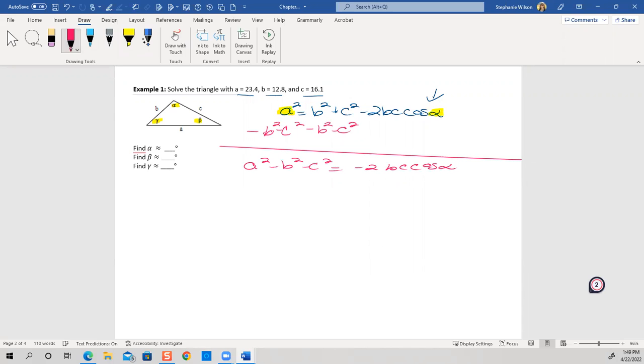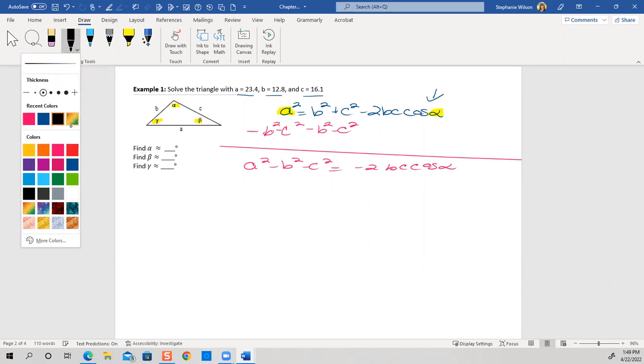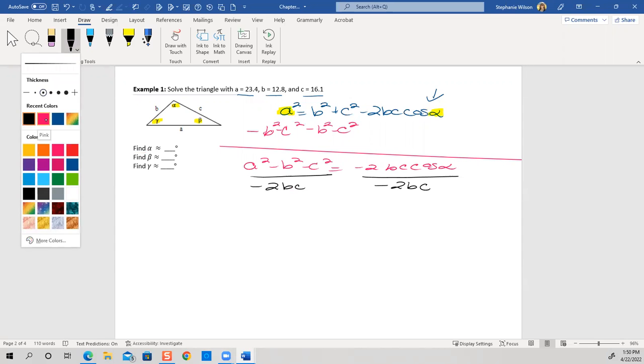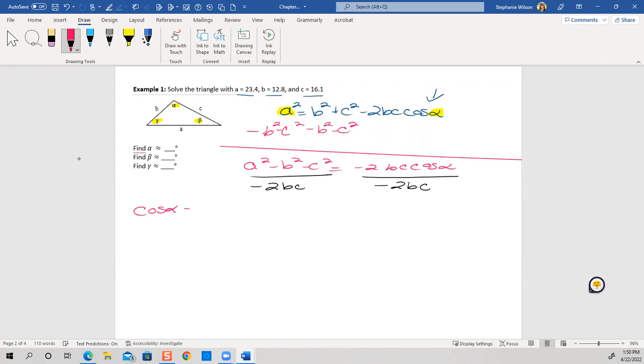The coefficient on cosine alpha needs to be a positive 1, and it's a negative 2bc. So if I divide by that negative 2bc, negative divided by negative is positive, 2 goes into itself once, b goes into itself once, c goes into itself once. That's what we want. It's going to leave us with cosine of alpha. I'm going to rewrite this a little neater and bring the cosine of alpha out front.